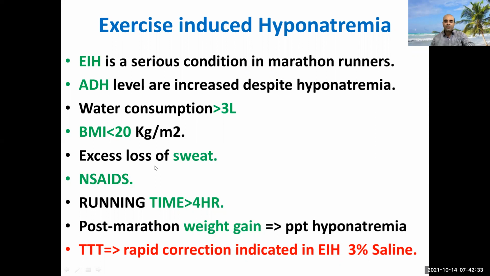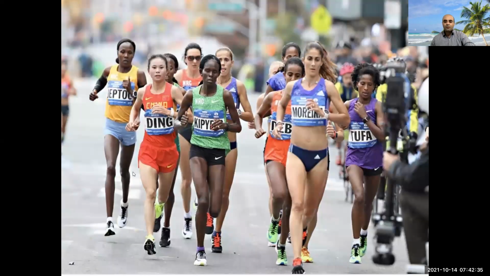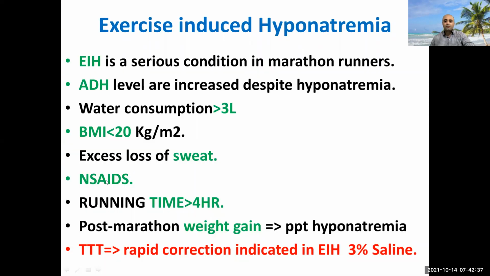Excess loss from sweating. Some of them may take non-steroidals for cramps. If running more than 4 hours, there is post-marathon weight gain; if your weight starts to increase after marathon running, all this will precipitate exercise-induced hyponatremia in our patient.